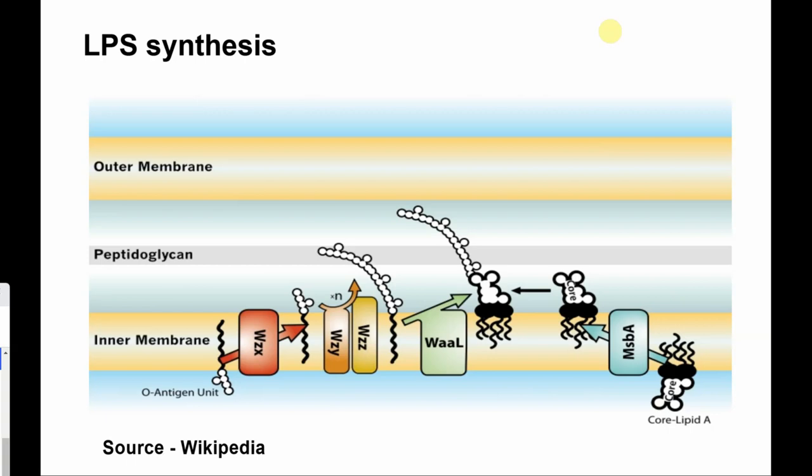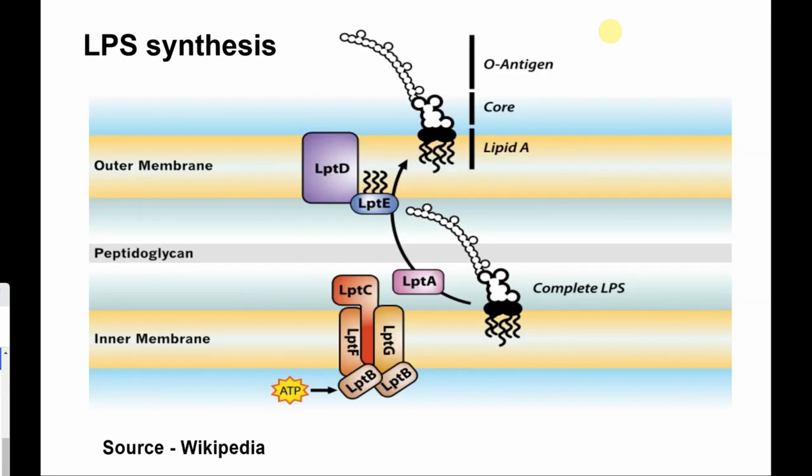Then you've got a transglycosylase, which is going to transfer this subunit onto a chain of the O antigen repeats. And then once the chain has accumulated 10 to 40 repeats, it's going to be transferred onto the end of the core oligosaccharide. And then the last step is you have a big protein complex that's present in the plasma membrane, crosses the peptidoglycan layer, and also a component in the outer membrane.